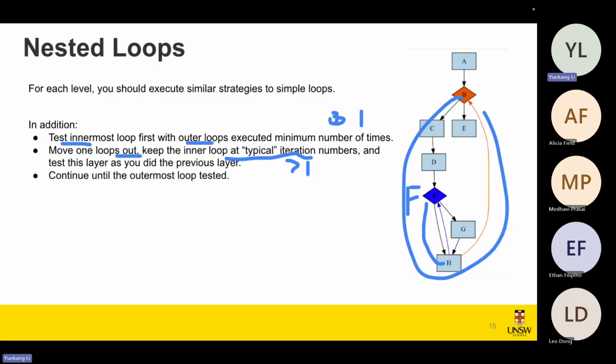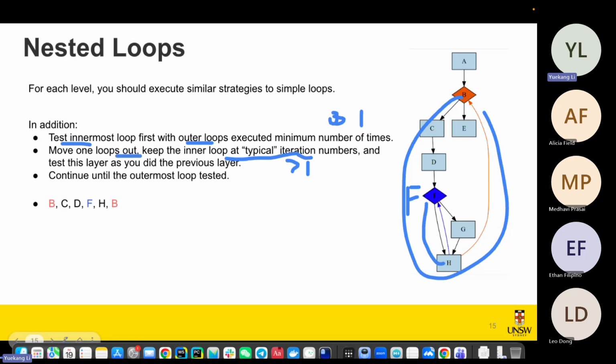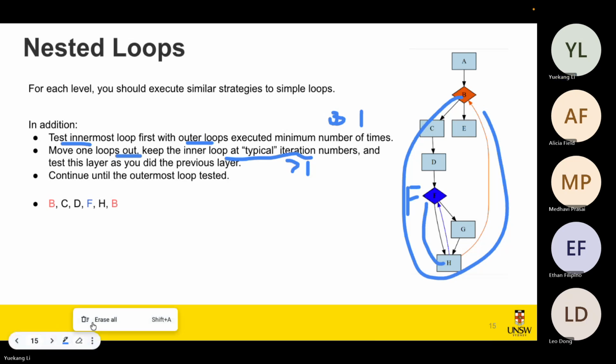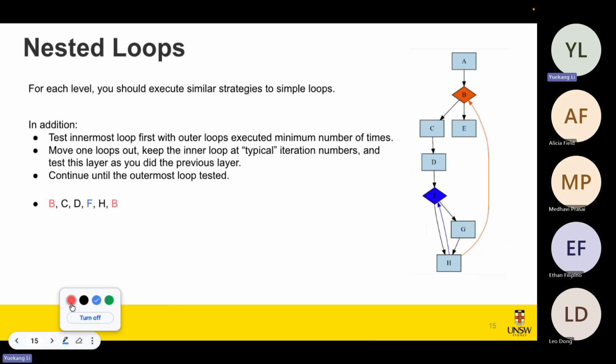So let's try to practice with this example here. Let's just make sure that we take the outermost loop once, which means that we just see 1b here, right? And we can skip, we can take the value of 0 here.